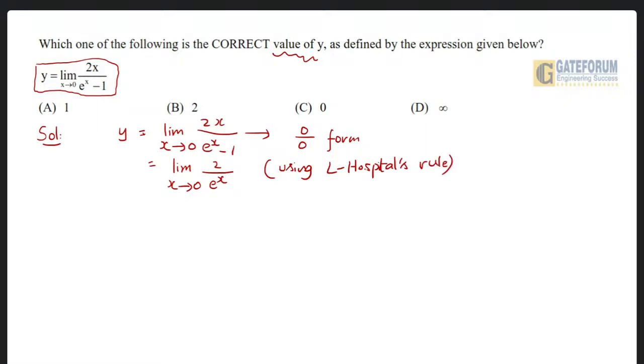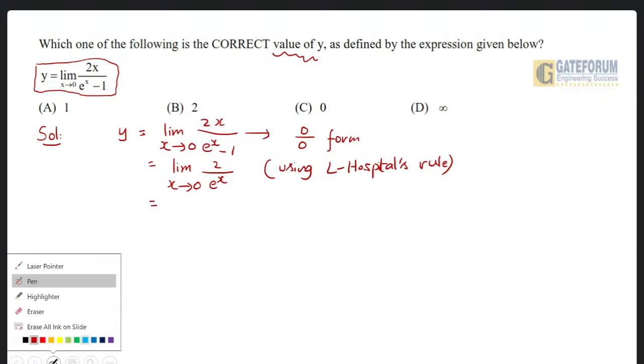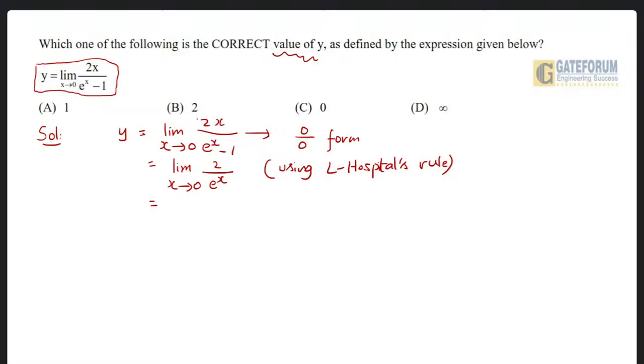Now this is new, not a 0 by 0 form. And this is the L'Hospital rule we have used. Now again by direct substitution, numerator not equal to 0, denominator also not equal to 0. So this simplifies to 2 by e power 0, 1. So finally this is 2.